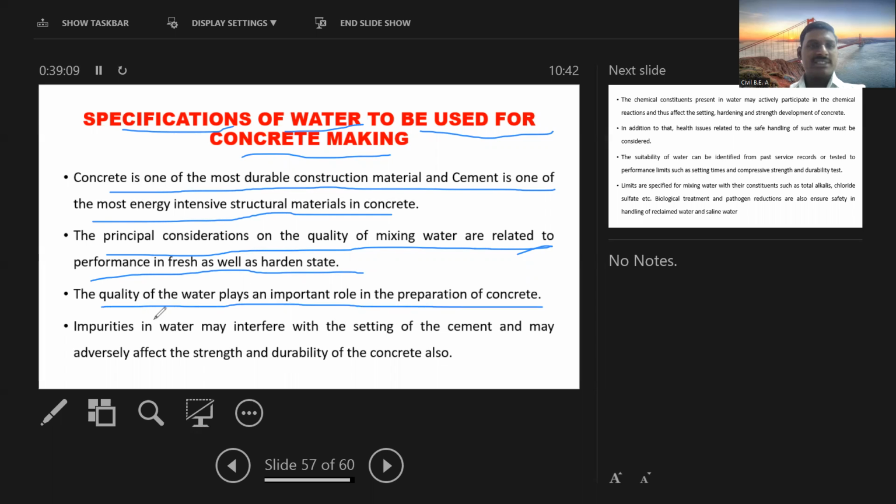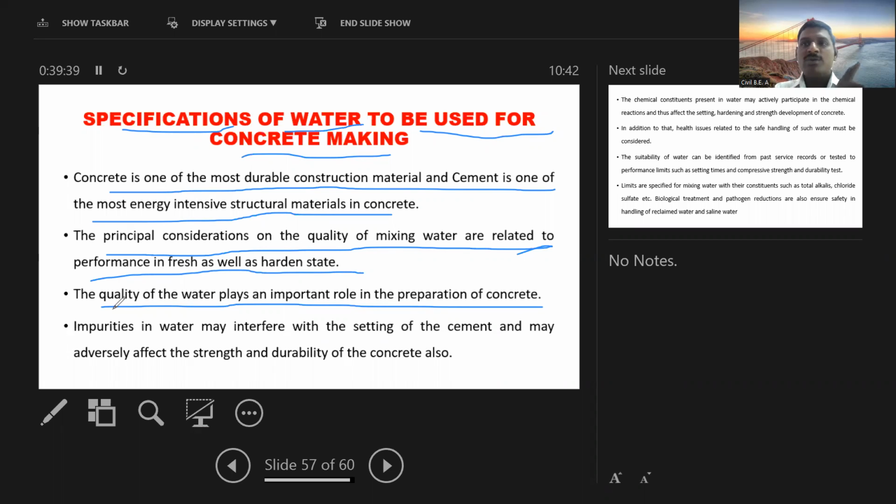As we discuss here, the quality of water plays an important role. So we cannot add the wastewater into the concrete. Are you getting? Water ऍड करायचं तर तुम्ही म्हणाल वेस्ट वॉटर ऍड करू शकतो का कॉन्क्रीट मध्ये? नो. So some of these standards are given for the construction water. Construction water means while making the concrete, you can use the water under these conditions.